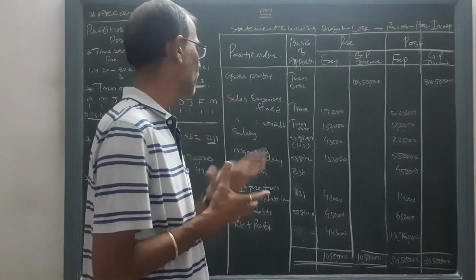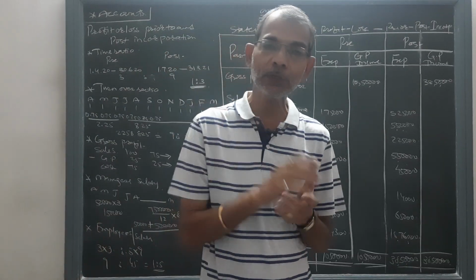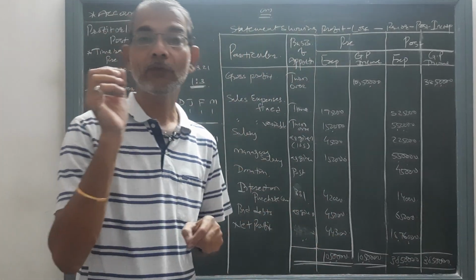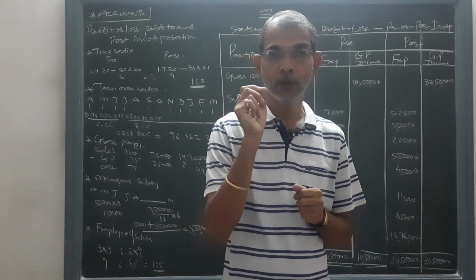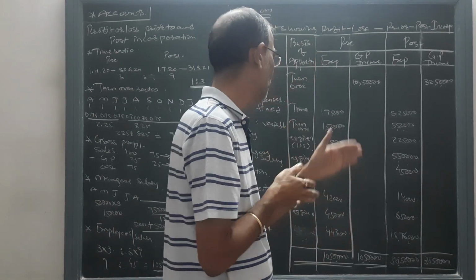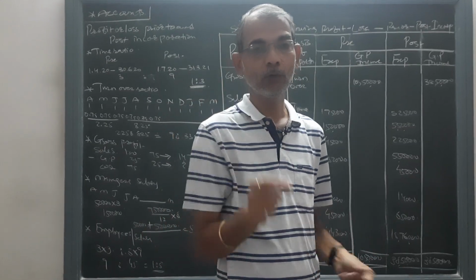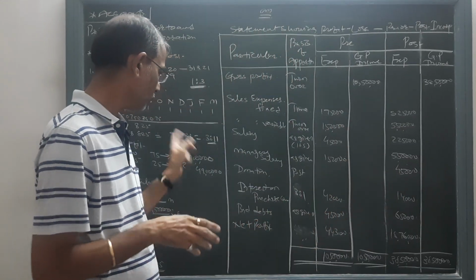Now, the point was a sales expense 50% were fixed, so fixed expenses were allotted as per time and 50% variable as per turnover ratio. And then after from GP, all expenses were subtracted and we found the net profit.